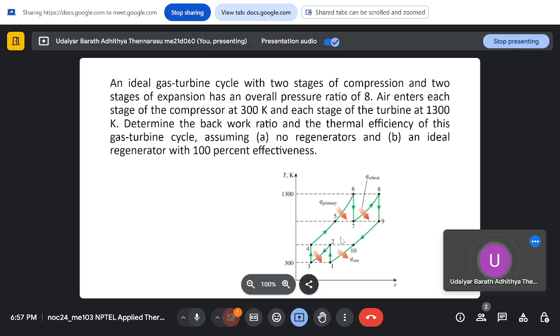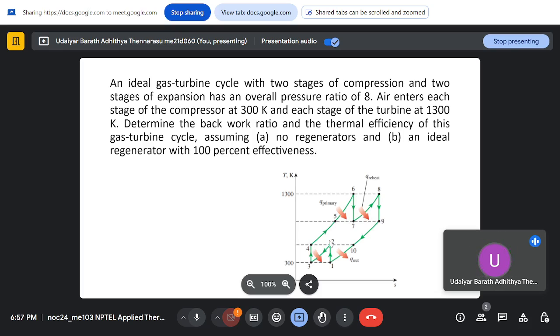So if you are employing a regenerator, after compression your outlet is 4, and in the regenerator it is going to 5 because it has 100% effectiveness. That will be given by 9 coming to 10.